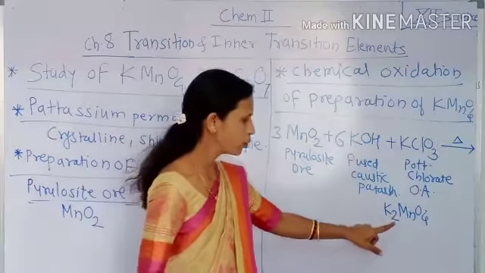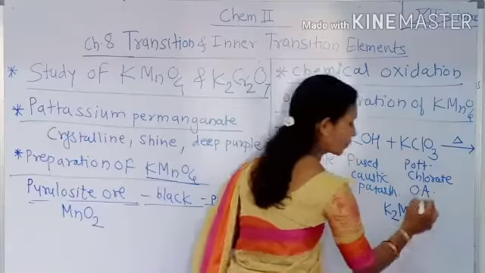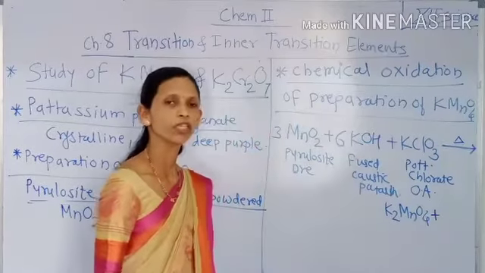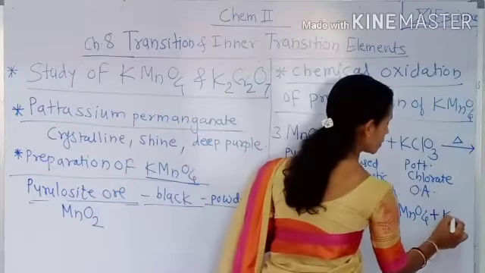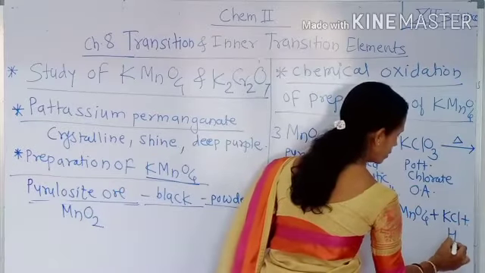In the first step, potassium manganate is obtained with the formation of KCl and H2O.